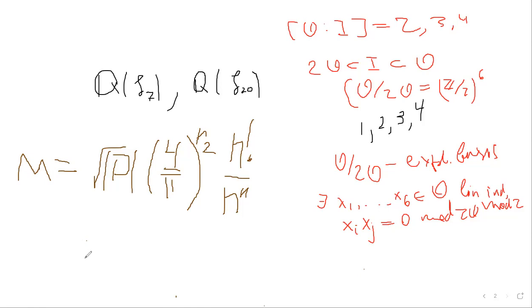So let's look at 2 and at 3. How does 2 split in this extension? You mean the prime ideal 2? Yes, the prime ideals in Z. We calculated its discriminant and it's coprime to 2, and splitting is about the field discriminant.